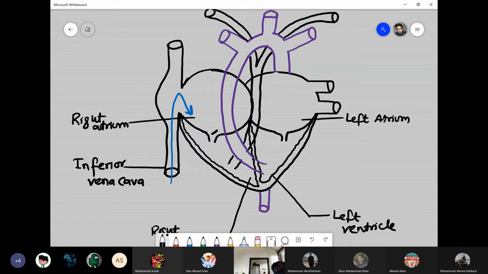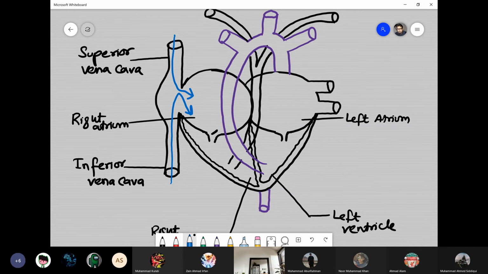Then this blood vessel over here is called the superior vena cava. Now boys, this superior vena cava is bringing the deoxygenated blood from the upper parts of the body.